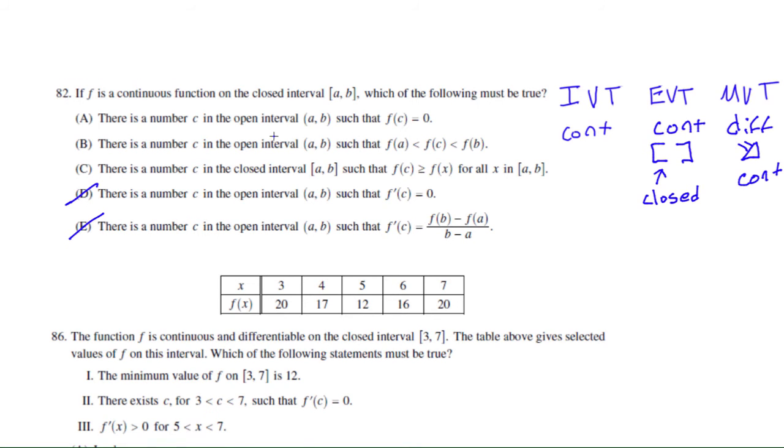Or are we looking at EVT? We can use IVT and EVT. So which of these states them correctly? C. C is a closed interval. Which theorem is C using? EVT. And is it stated correctly? I believe so. That's the answer then.